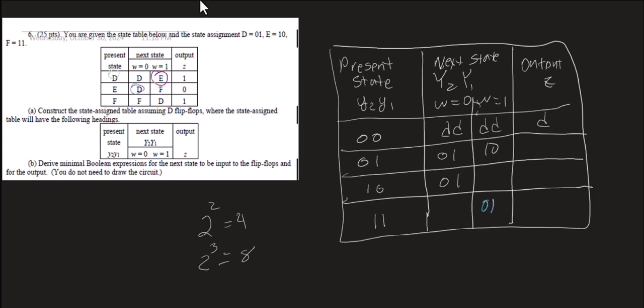And F is 1, 1. We have 1, 1, 1, 1. And our output is 1, 0, 1. Okay, and then part 2 says derive minimum Boolean expressions.